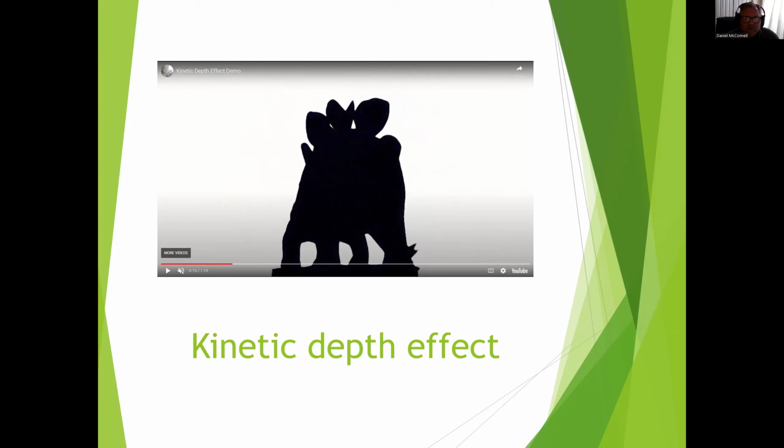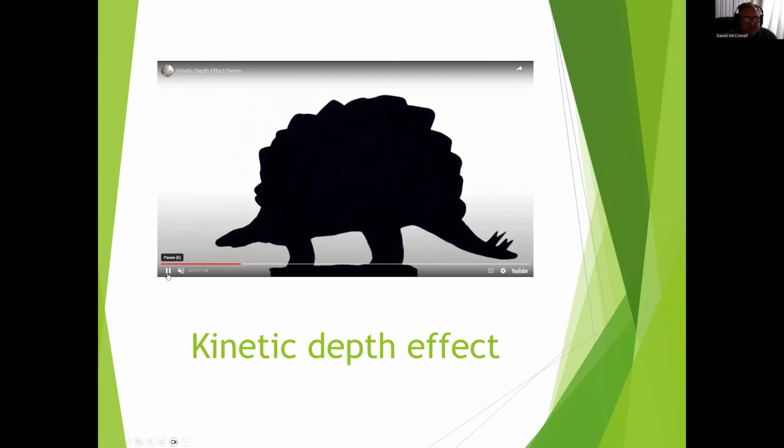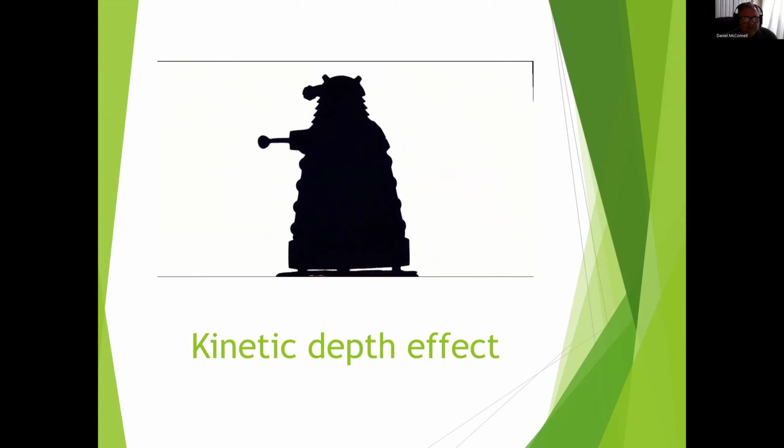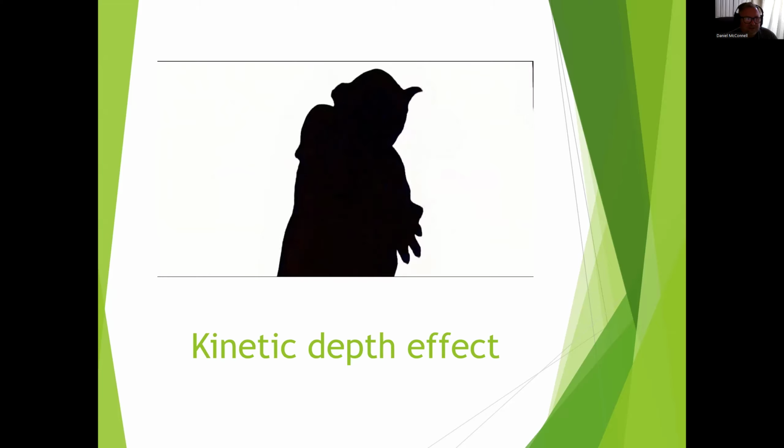So it is hard to see what it is and what kind of object it might be and what its three-dimensional shape might be. But as soon as we start letting it rotate, we can see its three-dimensional shape. In fact, it is essentially necessary for us to see the movement in order to recognize this at all.